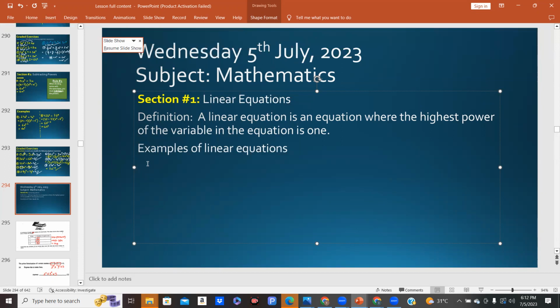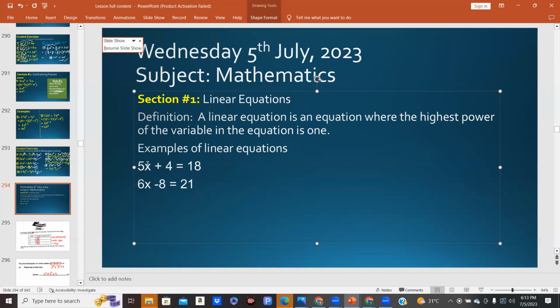So we could say 5x plus 4 equals to 18. And we would say 6x minus 8 equals to 21.